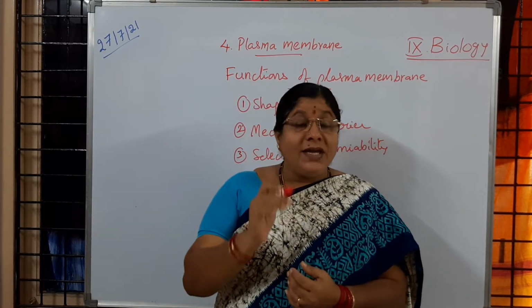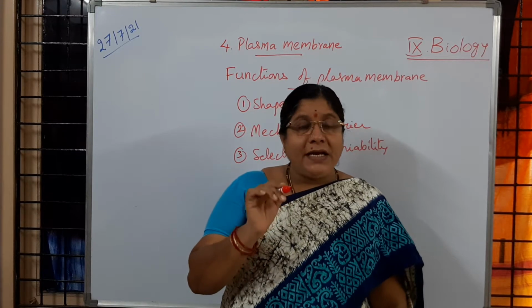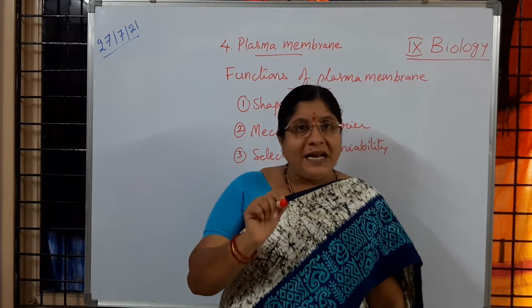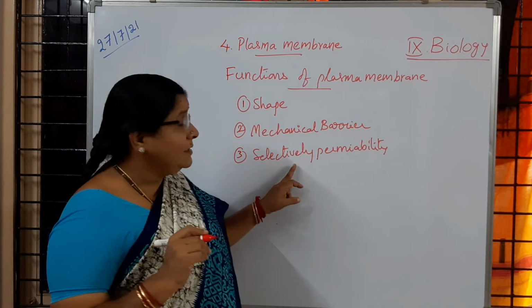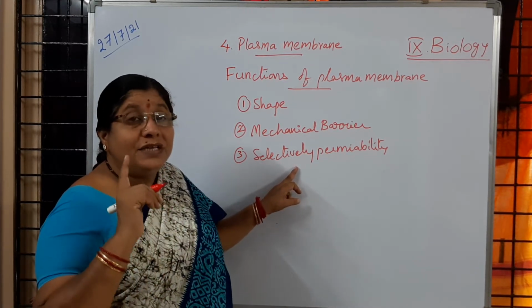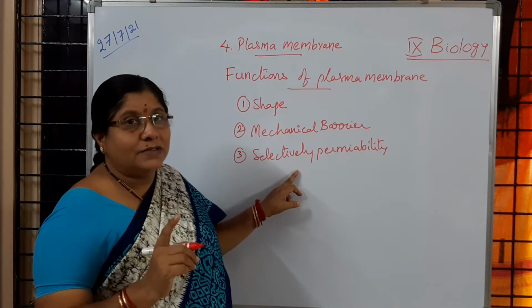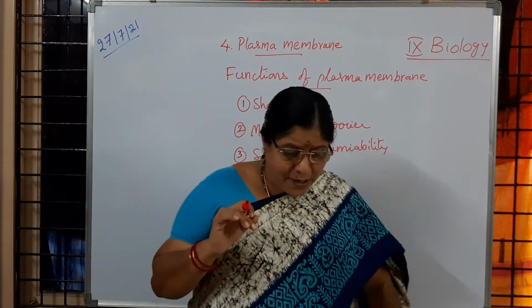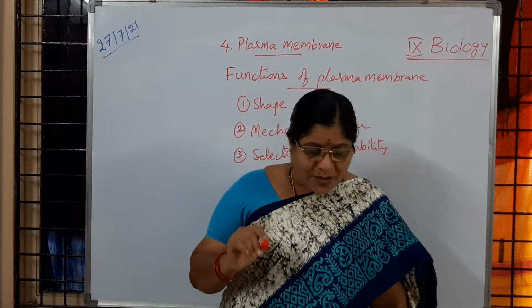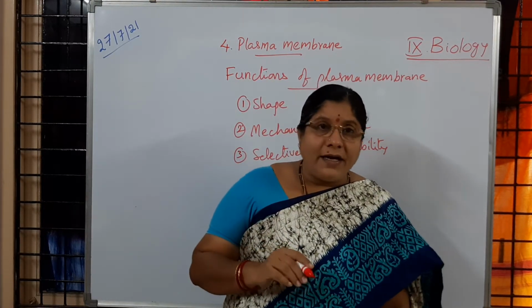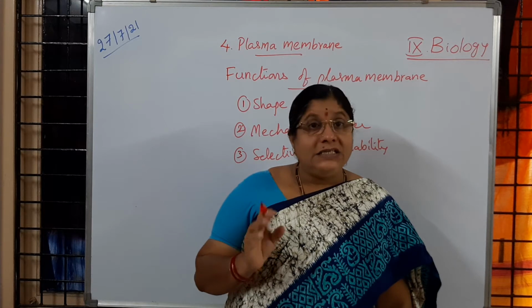Is it not? So here the plasma membrane, just like that, has the capability of allowing selectively which materials are needed. So only those materials are going to be present in that. The membrane determines what substances are to be allowed inside or exit the cell. Is it clear to you?